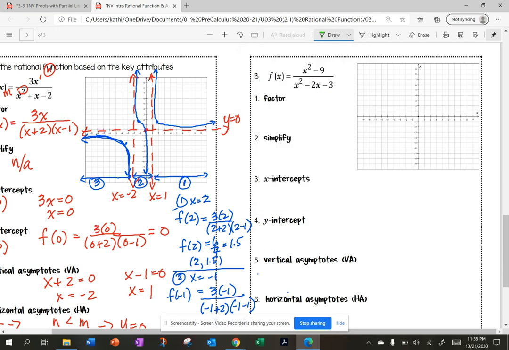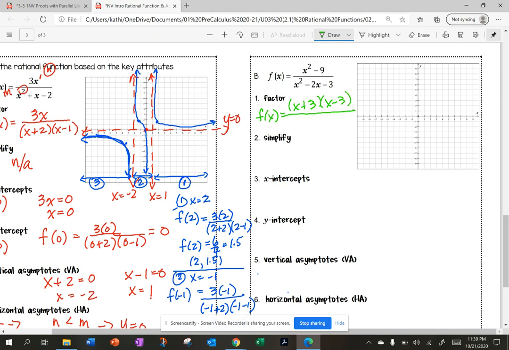All right. f of x equals x squared minus 9 divided by x squared minus 2x minus 3. So first thing I want to do is factor. This is a difference of squares, so this is going to be x plus 3, x minus 3.